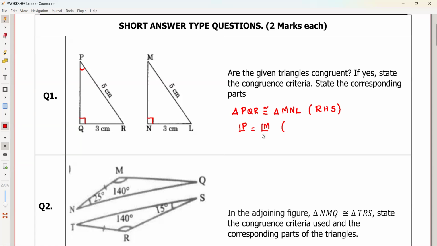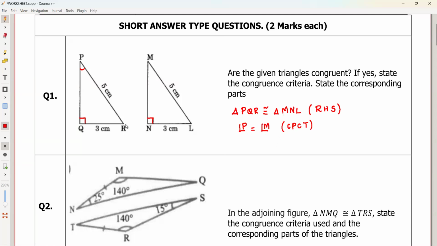Yeah, what rule will you be saying? If the two triangles are congruent, I said, right. Sir, CPCT. What do you mean by CPCT? Corresponding parts of congruent triangles.